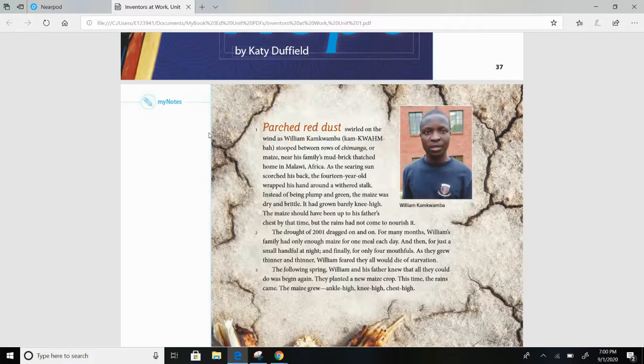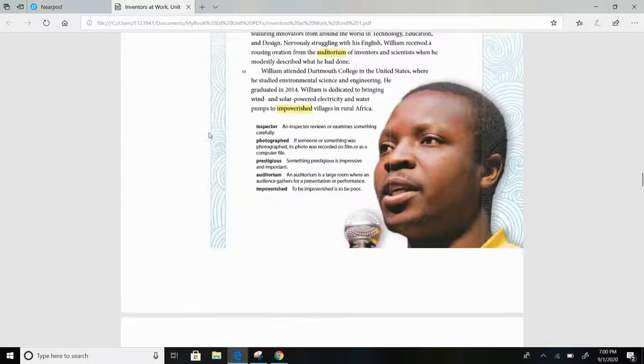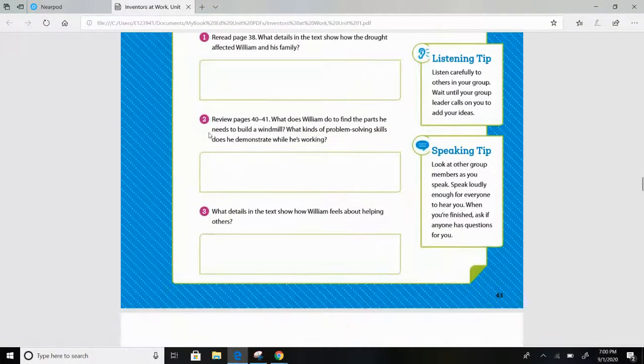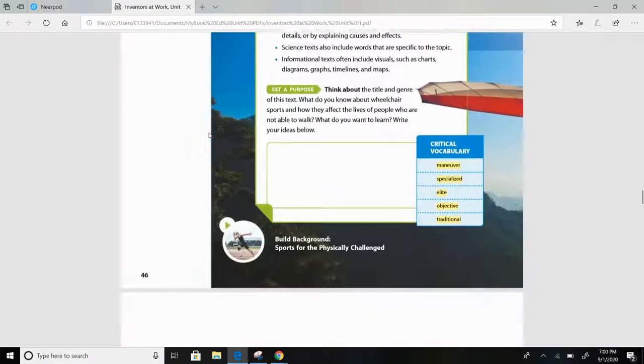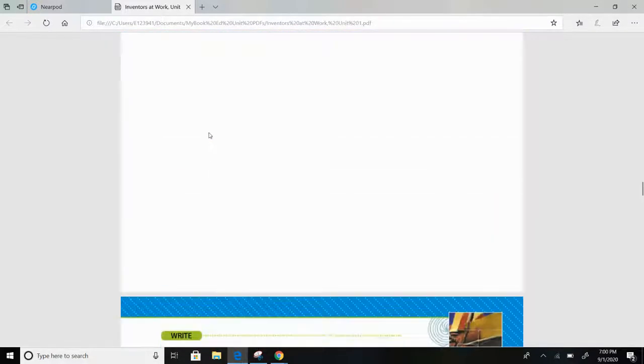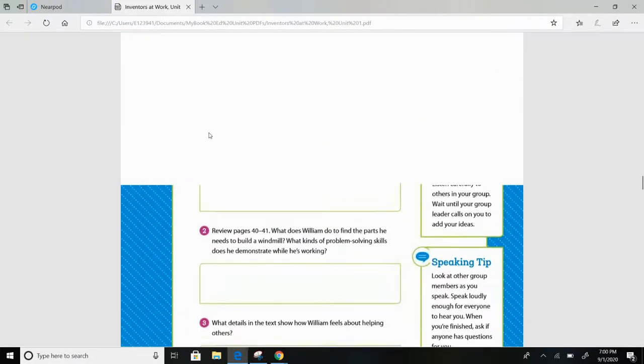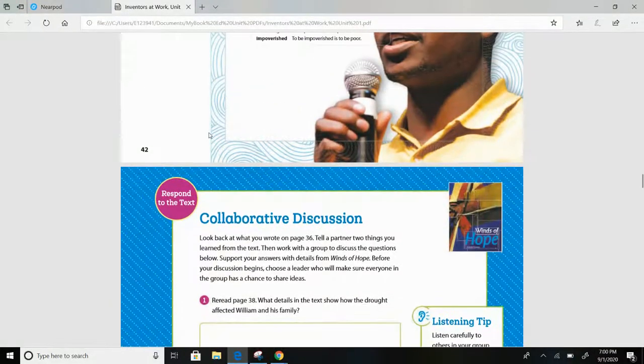We're only going to read this one story, so when you get to the part where it's talking about something about wheelchairs, we're going to stop right there. You don't have to answer any of these questions, by the way, in the digital textbook.